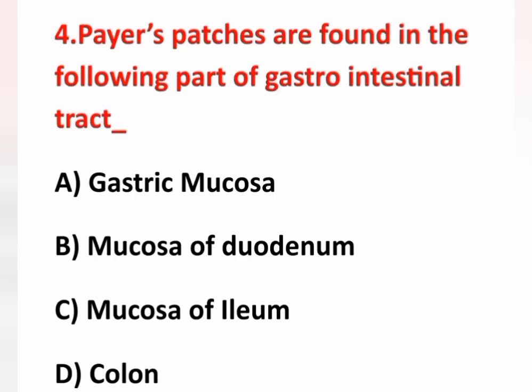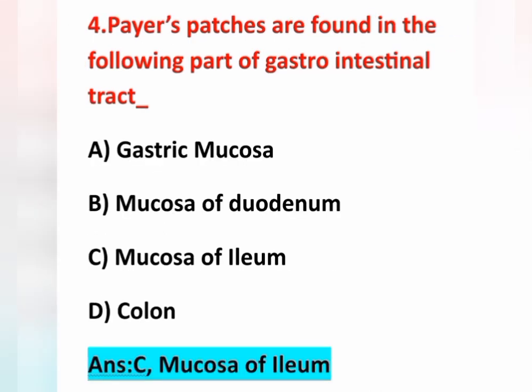Fourth question: Peyer's patches are found in the following part of the gastrointestinal tract. Options are option A gastric mucosa, option B mucosa of duodenum, option C mucosa of ileum, option D colon. Peyer's patches are the lymphatic follicles present in the ileum.